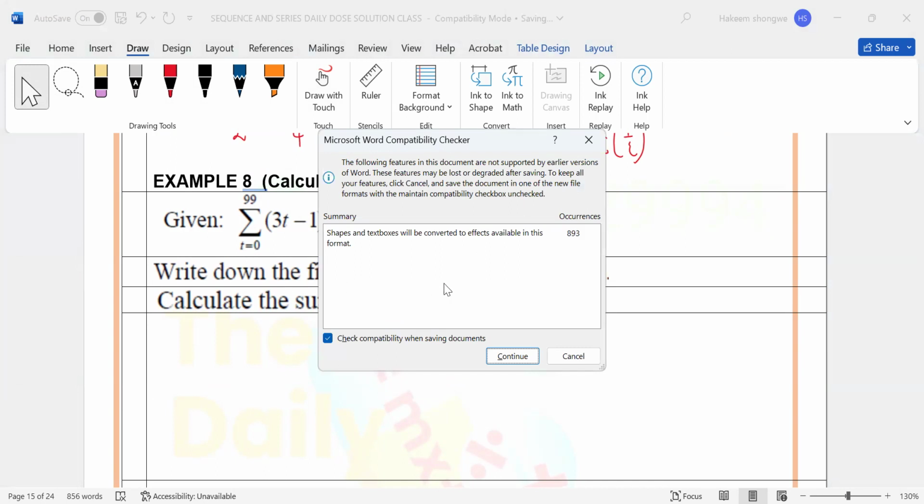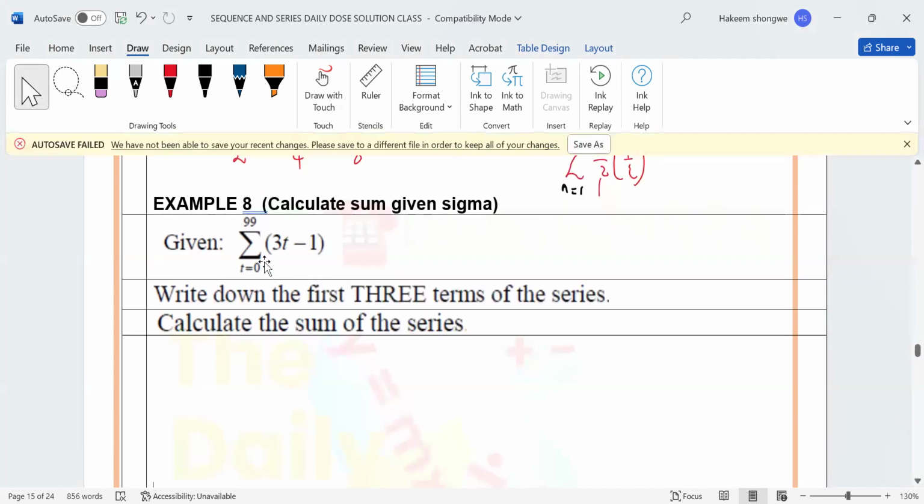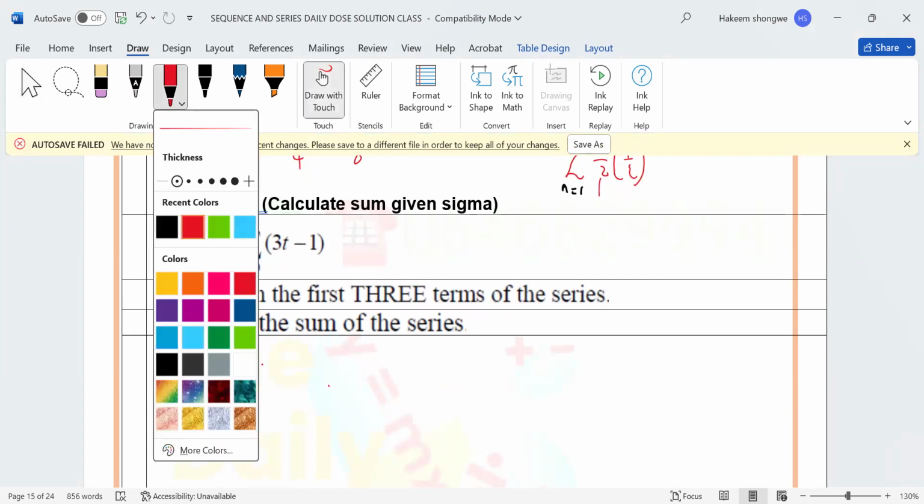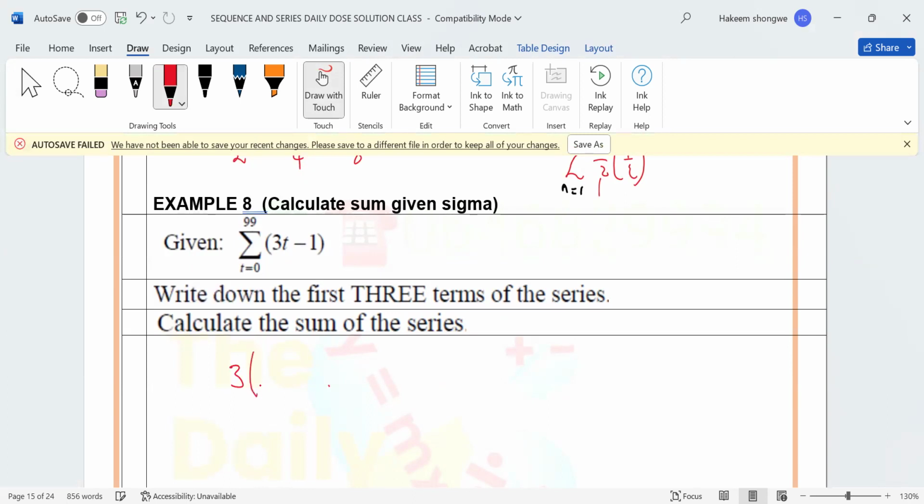How to determine the first 3 terms? Simple. Remember what this is here? This is the value that you substitute to get the first term. It is not the first term itself. So in other words, what am I going to do here? I have 3, and then instead of t, I'm going to put 1, 0, because this is the value that I substitute to get the first term.